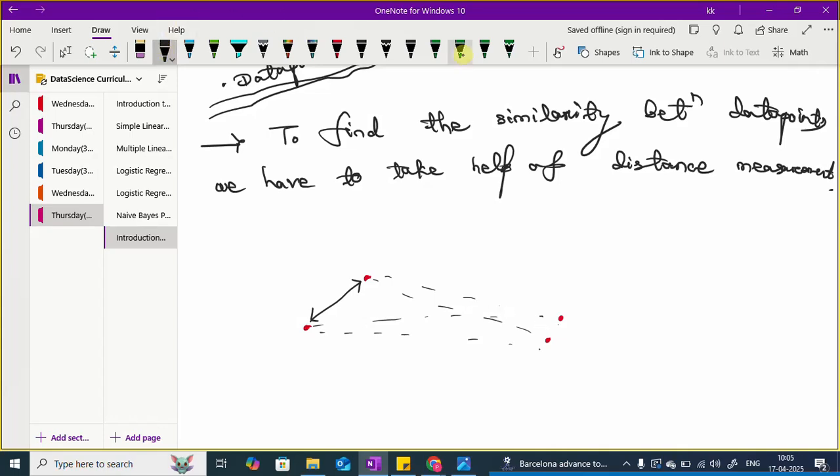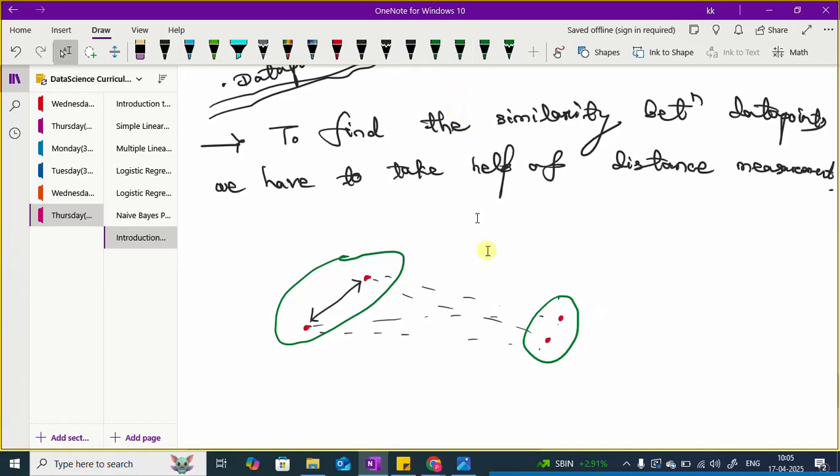That's why I will make a cluster saying that these two data points belong to one cluster. Similarly for the other data points. That's why distance is very important.